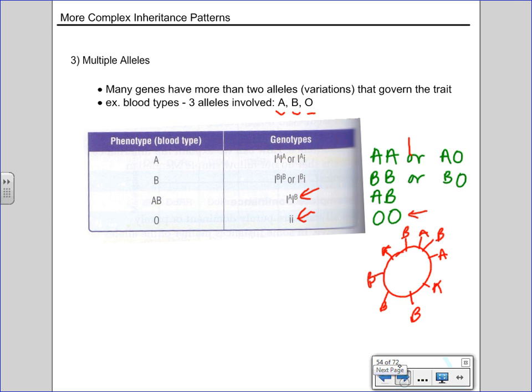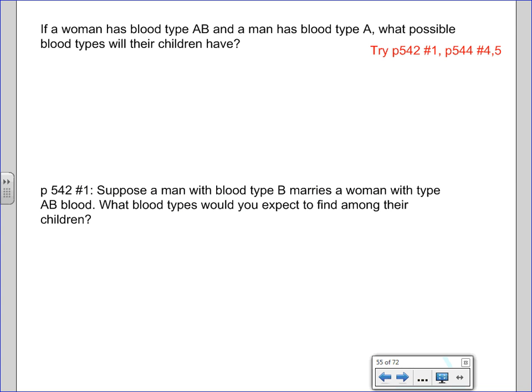Okay, so we have a couple of questions about inheritance in blood types. If a woman has blood type AB and a man has blood type A, what possible blood types will their children have?